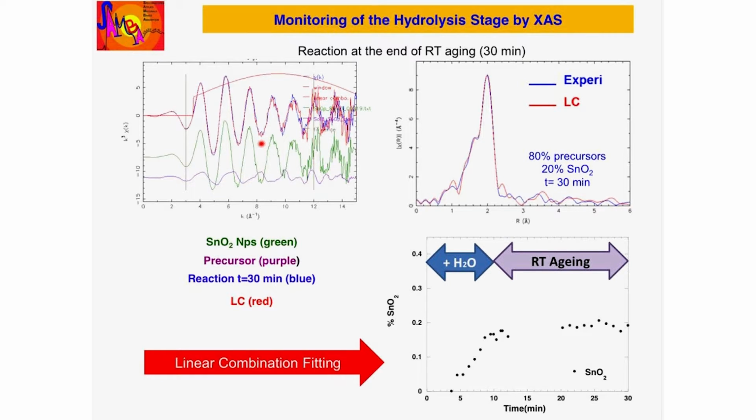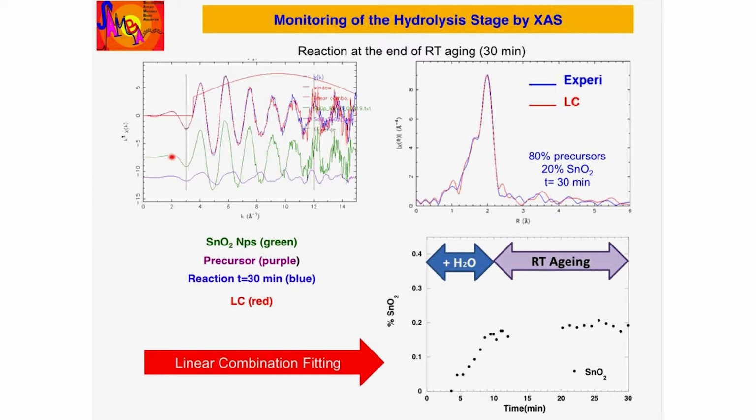And taking into account this information, for any X-ray spectrum recorded during the water addition and during the room temperature aging, we consider that we can rebuild the experimental data, which is here represented in blue, by a linear combination considering tin oxide nanoparticles and the signal for the precursor solution.